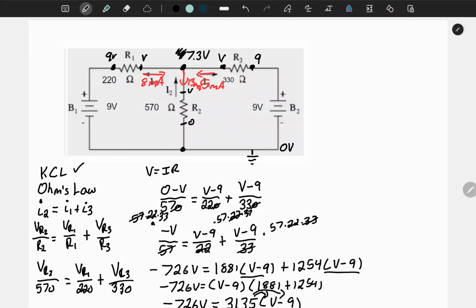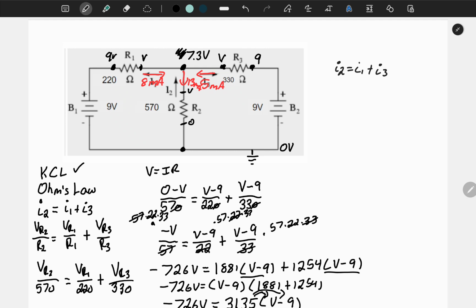And then if you want to make sure that your answers are right, all you have to do, so I2 equals I1 plus I3.